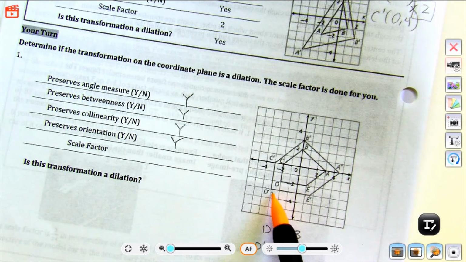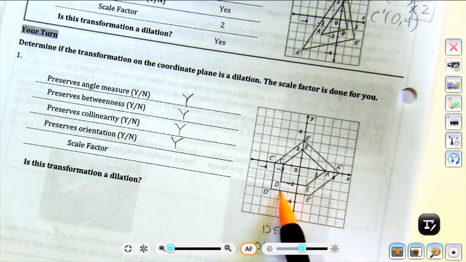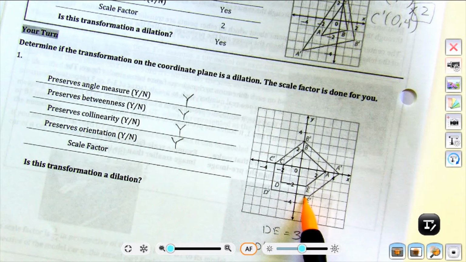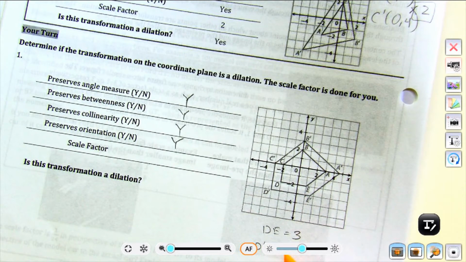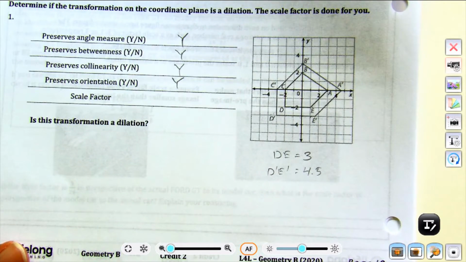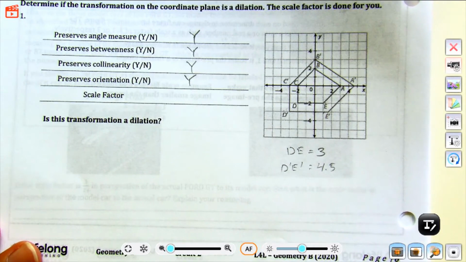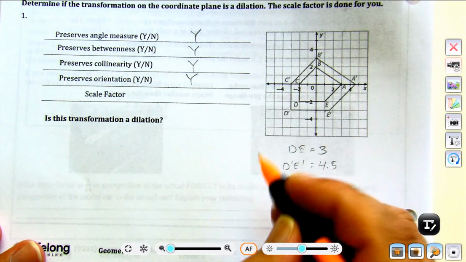Let me see. 1, 2, 3, 4. It looks like it's 4.5. To find the scale factor, what we're going to be doing is, let me write it right here.